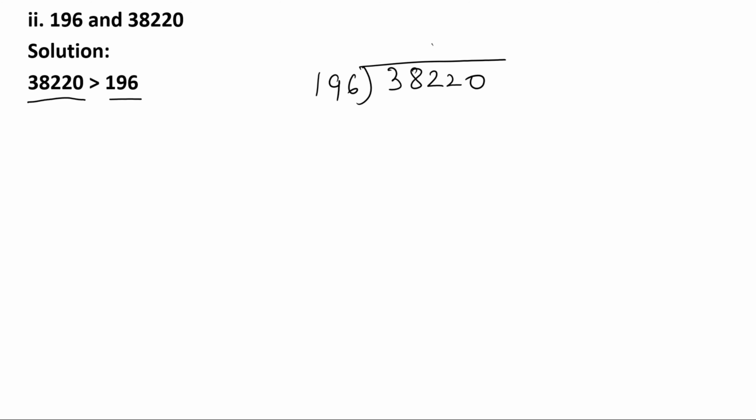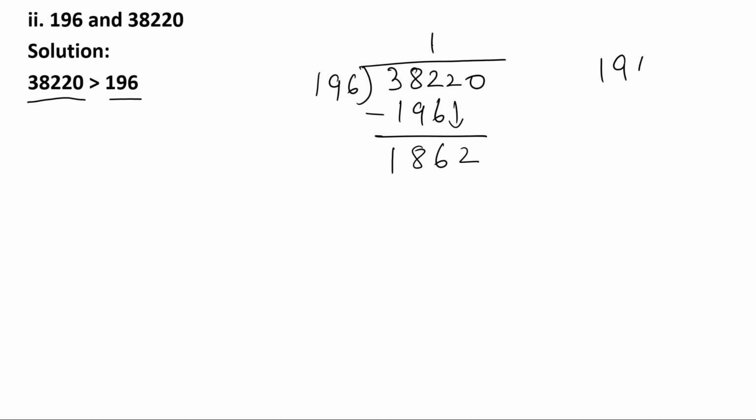196 and 38,220. Here clearly 38,220 is greater than 196. So 38,220 becomes the dividend and 196 becomes the divisor. We need to perform the division the same way as we did for the previous one until we get the remainder 0. So 196 times 1 is 196. Subtract, you get 6, 8, 1, bring down 2.